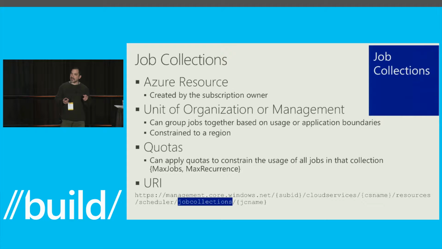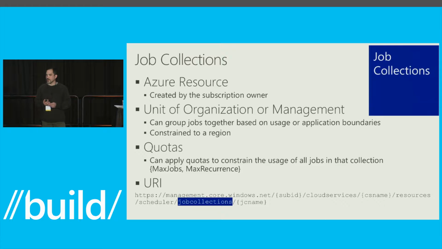A job collection can have a quota. So the quotas that we've provided are max jobs or the max recurrence for those jobs. So for max jobs, you can indicate for a job collection that it can only have 10 jobs. And then the 11th job will fail when you try to create that job in that job collection. Or the max recurrence, you could say, hey, I only want jobs in this job collection to run once an hour or once a day.